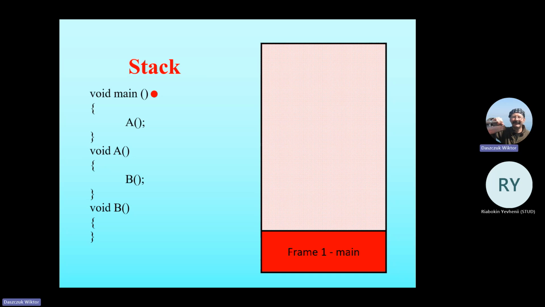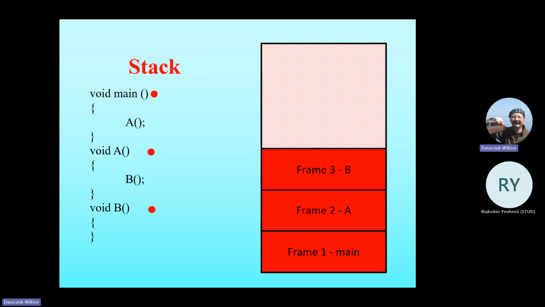So we have three subroutines. The main frame is created by the operating system. When we call A, the frame of A is allocated on the stack. From A, we call B, which is allocated on the stack. When we exit from B, the frame of B is disposed from the stack.